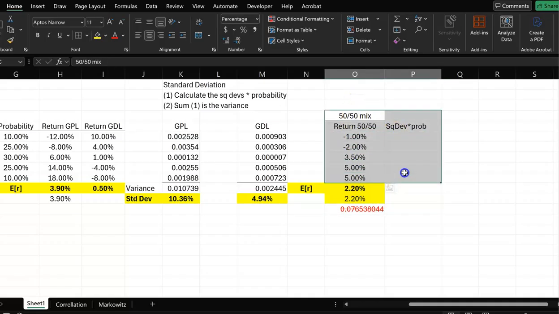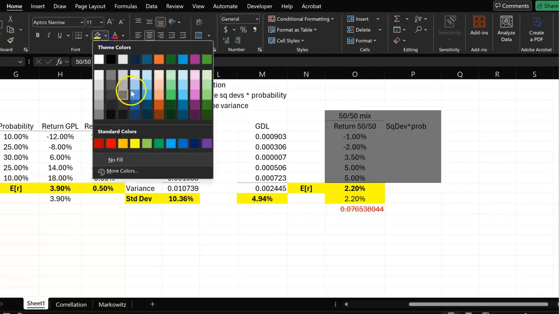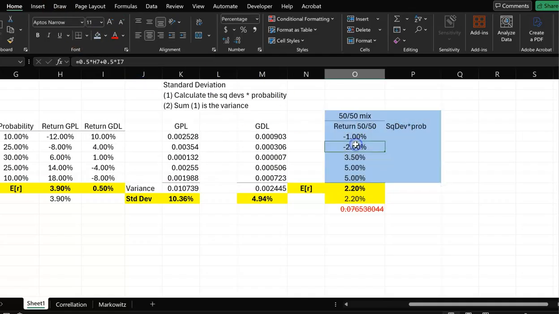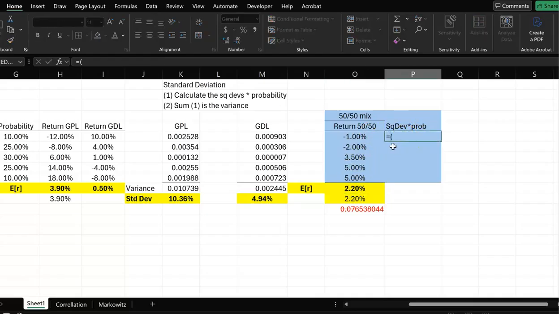Let me color all of these that color there, because we're talking about the 50-50 portfolio. All right, and I'll take the squared deviations from its expected return times the probability. So I'm going to take each return minus the expected return. Put dollar signs on that expected return. I'm going to square the result and I'm going to multiply times the probability that it can happen.